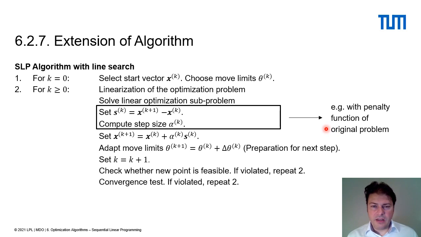So this way you would use more information of your original nonlinear problem and possibly improve the result, but then of course you have extra computational effort to perform the line search.